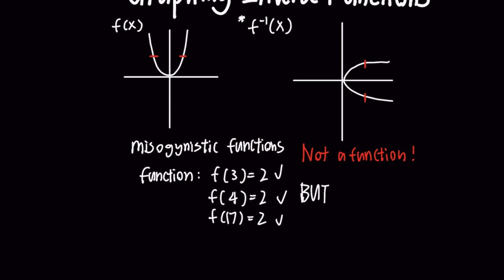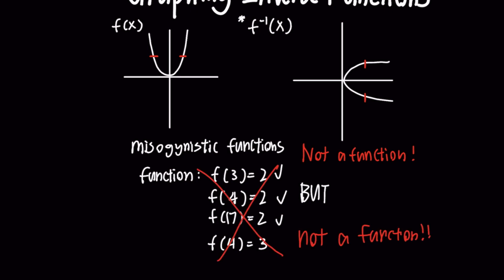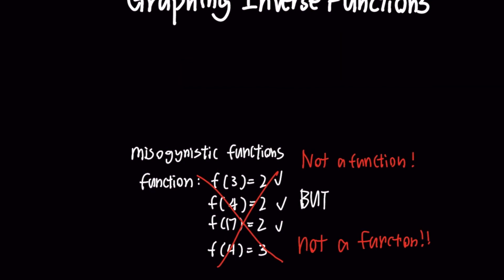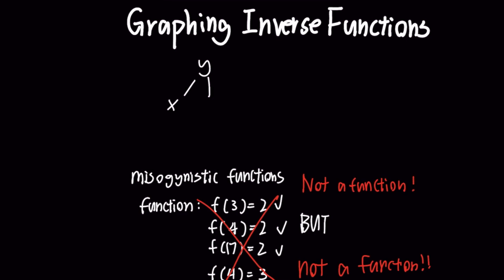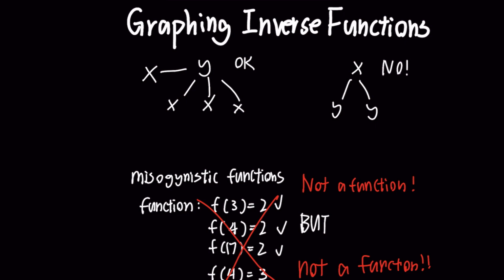But the second that an x value has even another y value, it's not a function anymore. Suddenly, the entire thing is busted. So basically what functions have taught us is that a man can be with multiple women, but a woman cannot be with multiple men. And I don't even know why they're teaching this to us in school, because this is sexist.